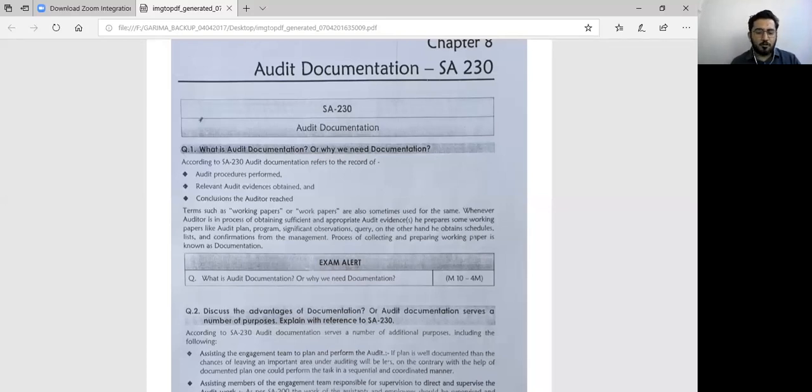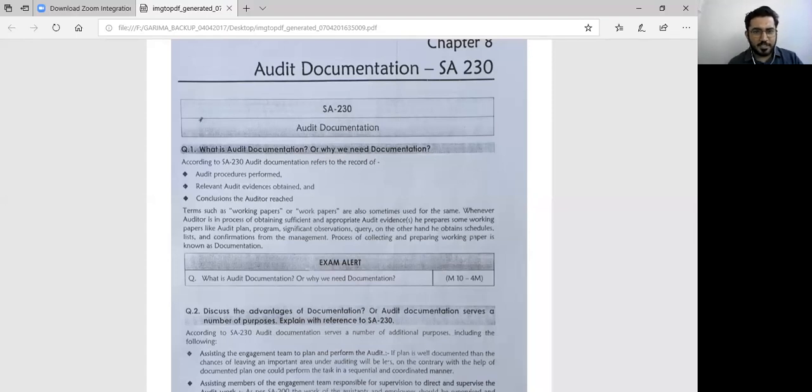Amongst these, your audit documentation may also have any agreement that you have taken. The audit documentation may have something which is very important, something we call communication with management. So whatever communication you are doing with the management, that also you will record in the audit documentation.